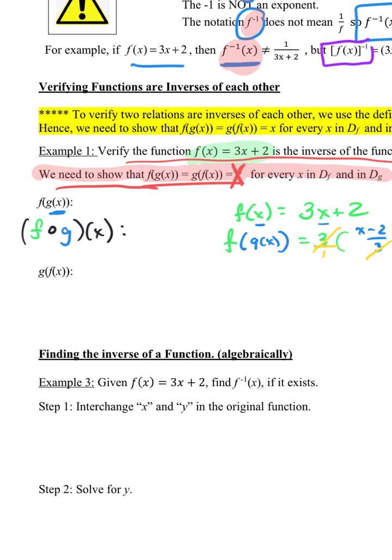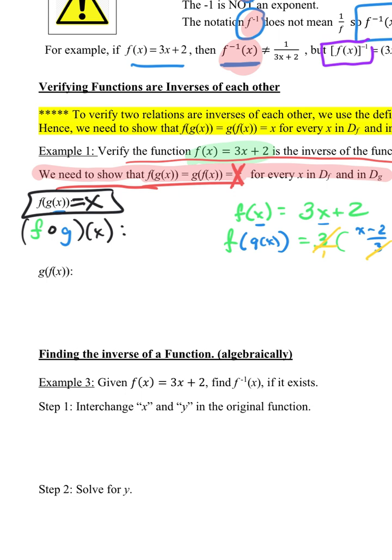You could have distributed the 3 and gotten 3x minus 6 over 3, but then we still have a fraction. So this is lovely. What would this give me? x minus 2 plus 2, which is x. So we got this to equal x. We're halfway there.